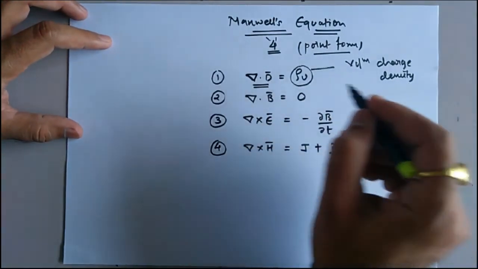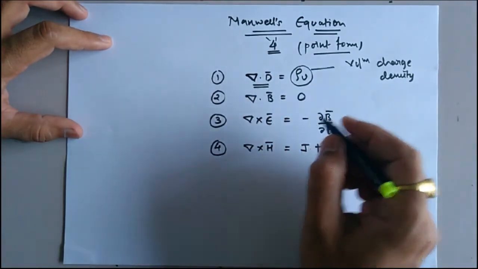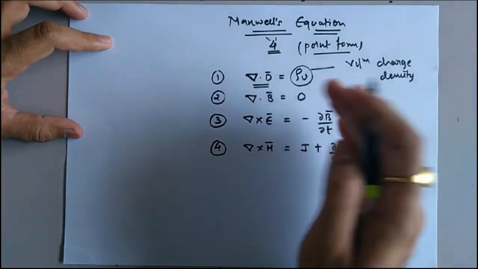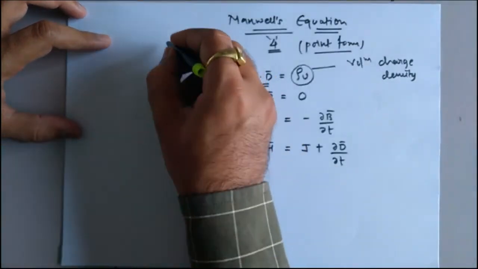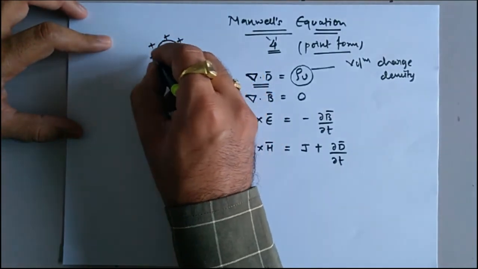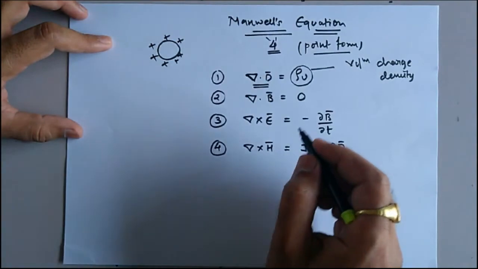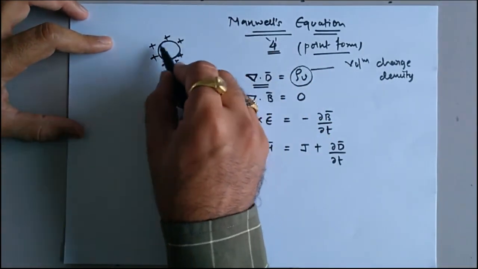That means it is possible to separate positive charge and negative charge from each other. If you have a sphere and you want to provide a positive charge on its surface, with the help of this equation we are capable of maintaining a net positive charge on its surface.